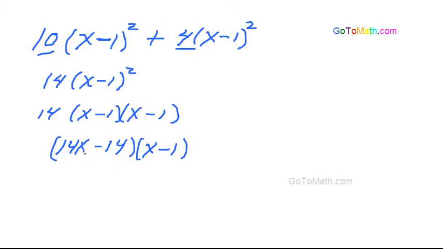Alright, so we have 14x times x is going to be 14x squared, and then 14x times minus 1 is going to be minus 14x, and then we've got minus 14x. Let's see, 14x squared minus 14x minus 14x, okay.